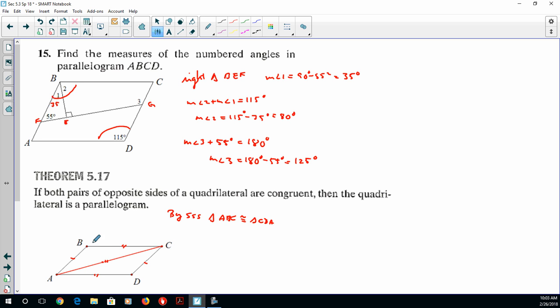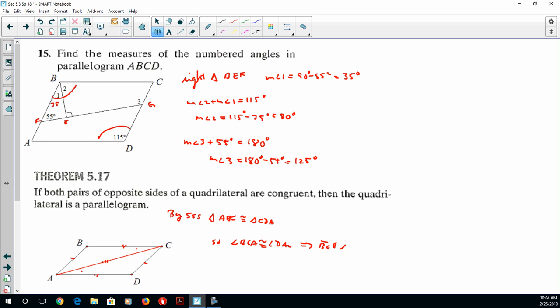And if those triangles are congruent, then angle BCA is congruent to angle DAC, since they correspond. So this angle and that angle are congruent, and that means BC is parallel to AD.